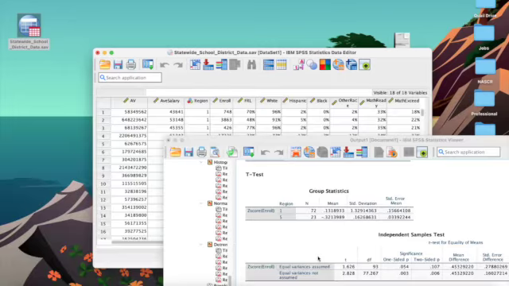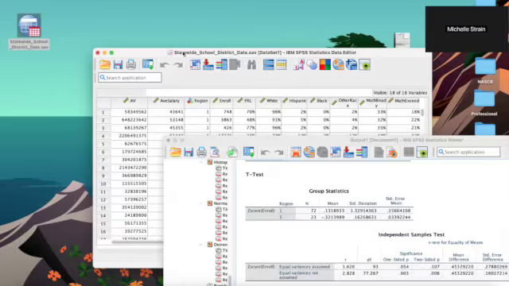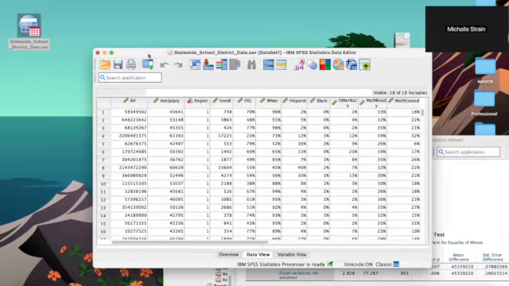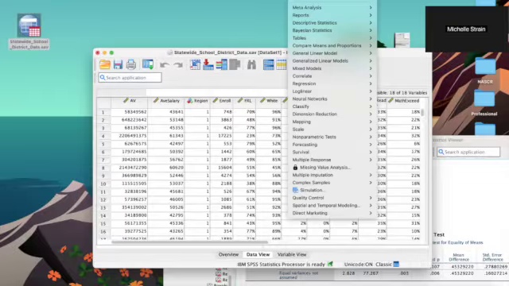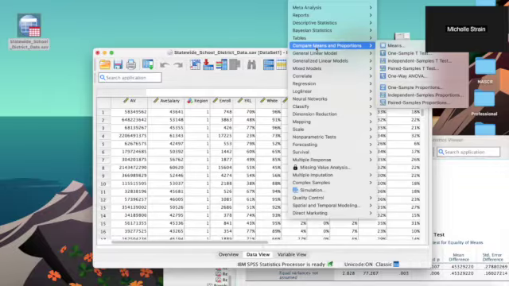Okay, so let's run that independent t-test. We're going to go back over to our data set, and we're going to go up to Analyze. Then we are going to go to Compare Means.